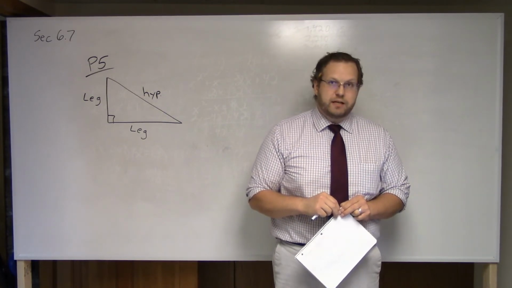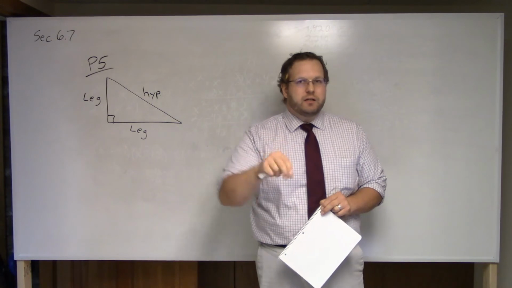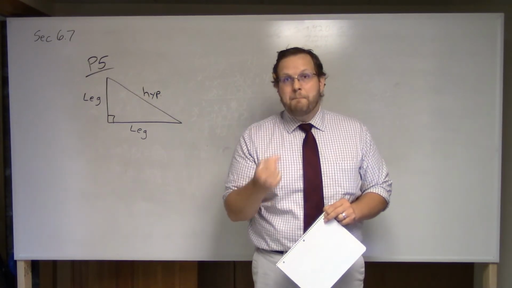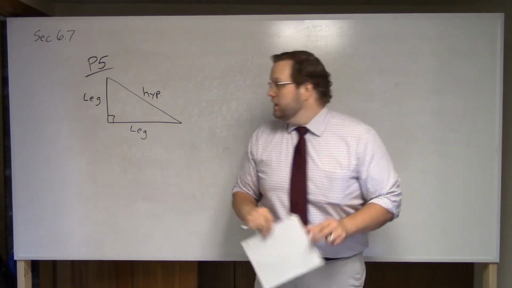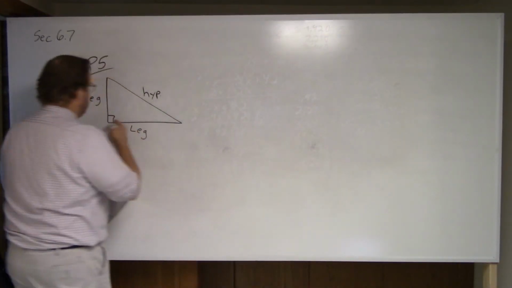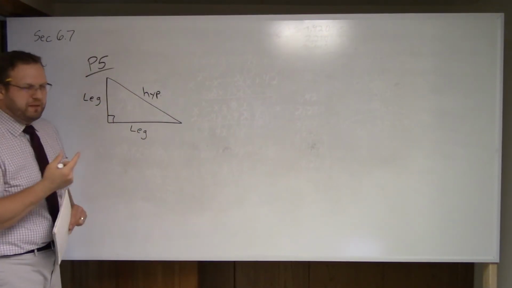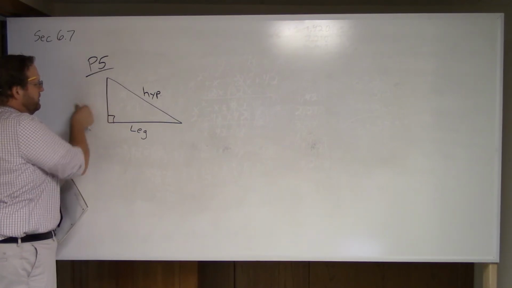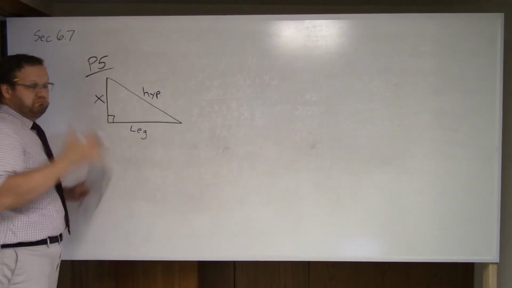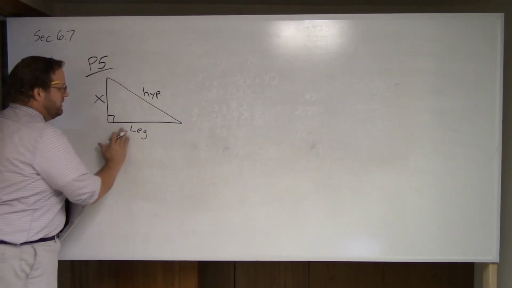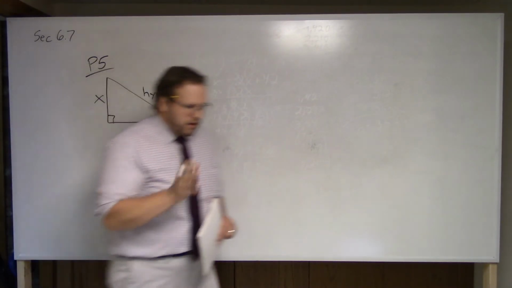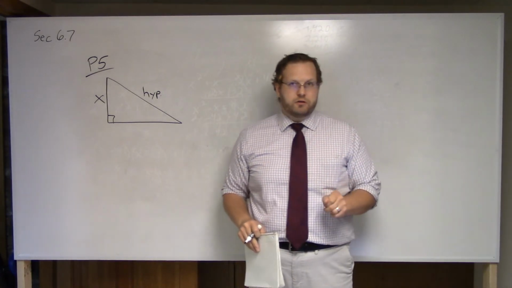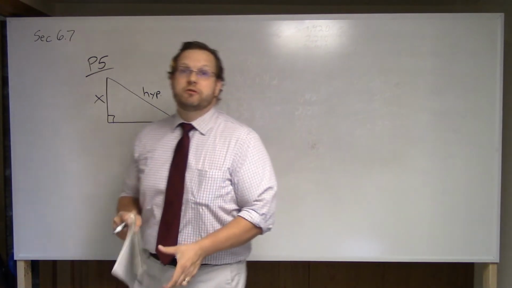double the first leg. So again, they mention a first and a second leg, but they say nothing about that first leg. So if I'm going to call this my first leg, it doesn't really matter which is first, which is second. Okay, but if this is my first leg, I know nothing about that. It's x. That second leg, again, is 1 unit less than double the first. So 1 less than double the first.